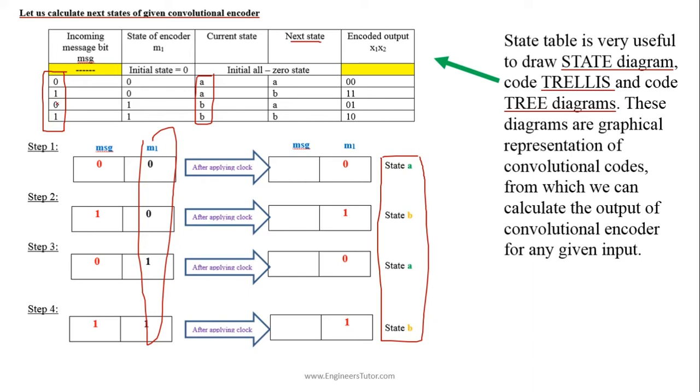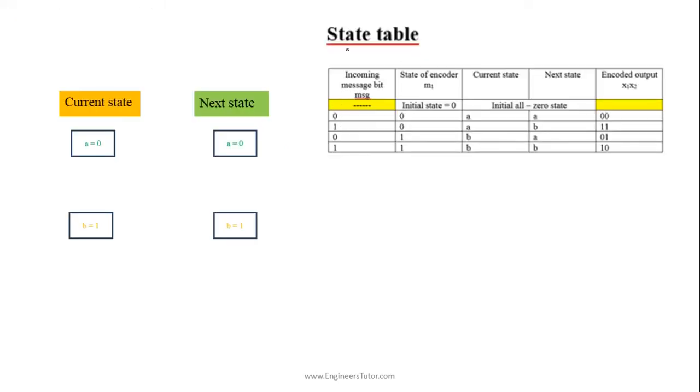For constraint length 2, the first two columns will be there. We will see that in the next example. So the initial state is this one, and both will be the same. State A, AB, AB. So this is AB, AB. We have seen the procedure to obtain the state table.